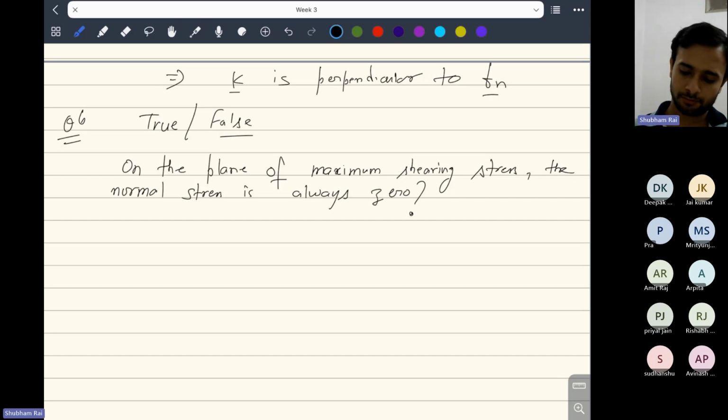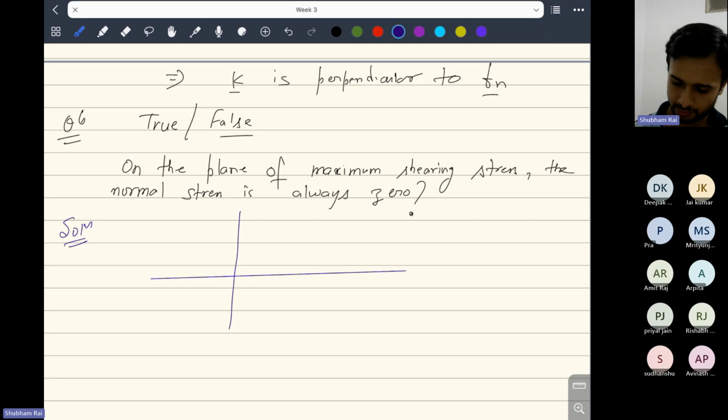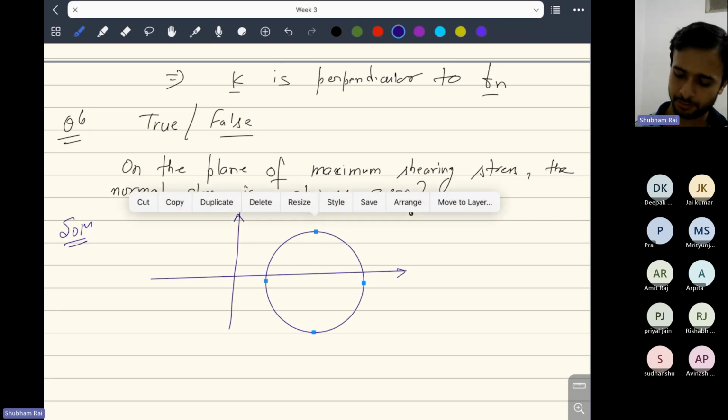We can draw Mohr's circle to get the solution. It's not always zero; sometimes it can become zero. Let's say a Mohr's circle is like this.